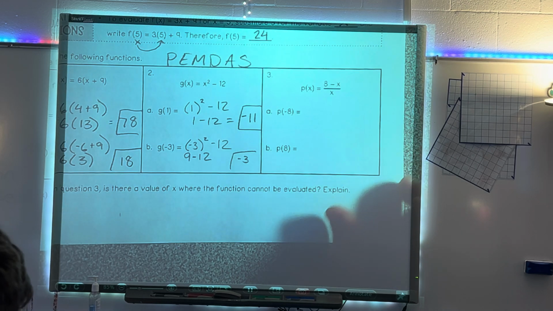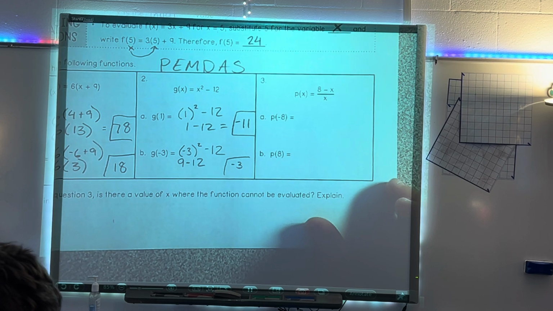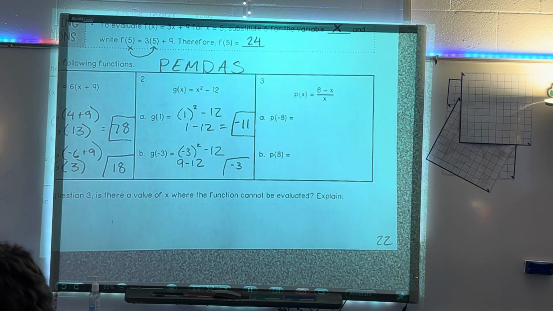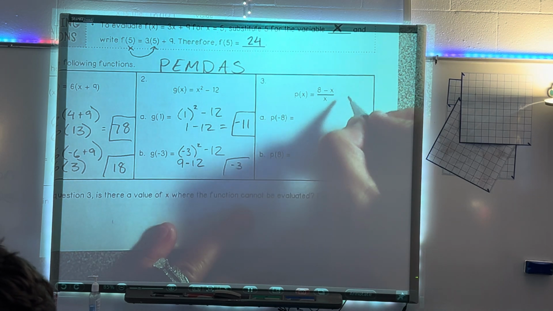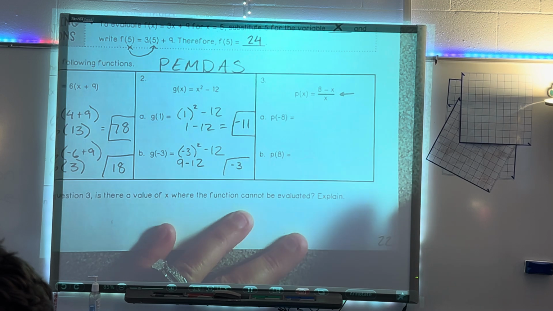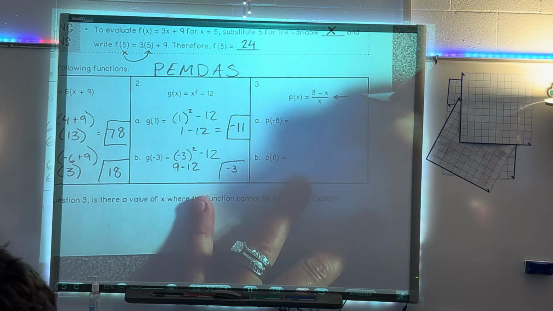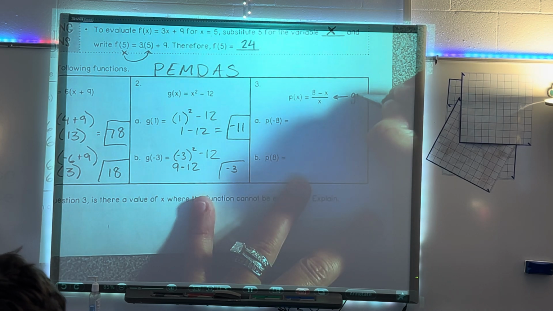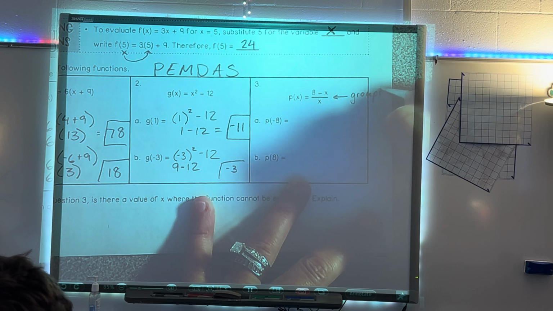Okay, so here, I'll need you to remember on this problem, so this one's P of X, doesn't matter, same deal, alright? What I need to remind you is that fraction bar, I can't remember if I said this another day with y'all or not, that fraction bar counts as a grouping symbol.